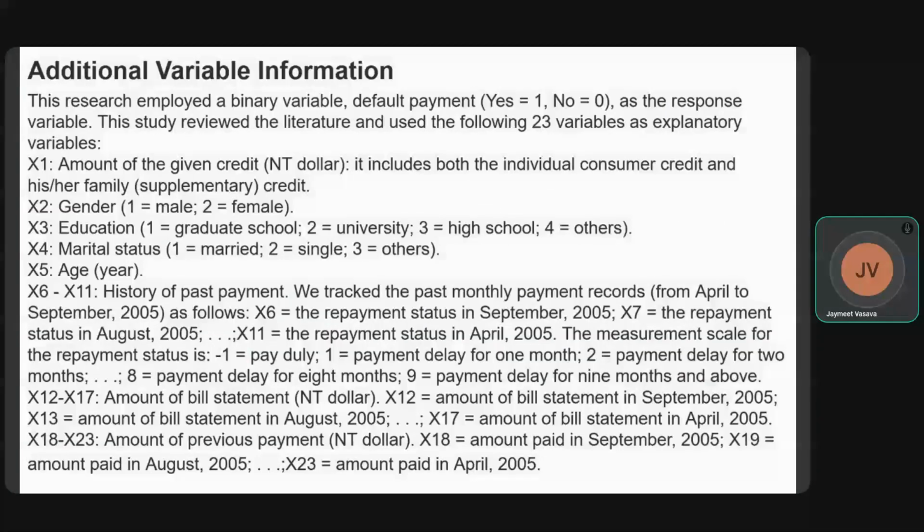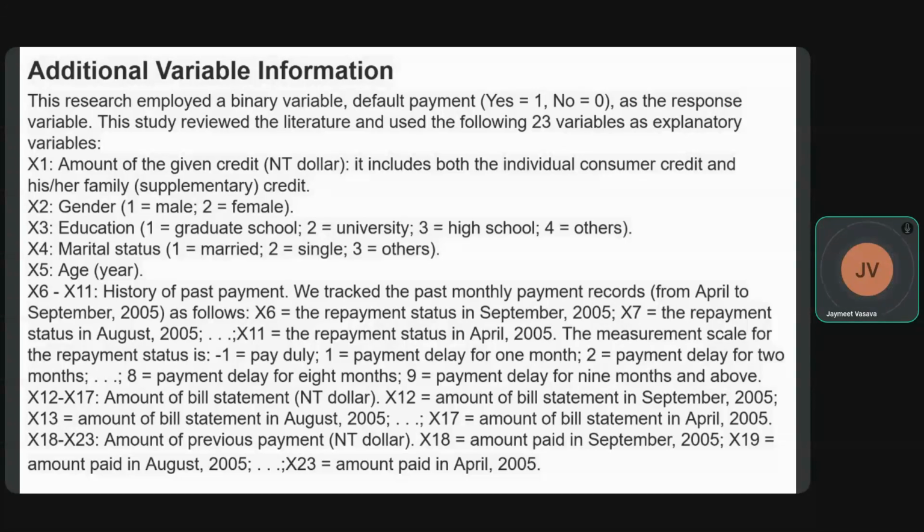For the additional information regarding the dataset, you can see that it starts with column X1, which is the amount of credit given. Then X2 contains gender, 1 for male, 2 for female. Then the education, from 1 to 4, where 4 means others, and the education column can have values greater than 4, like 5, 6, and so on. And then marital status and age.